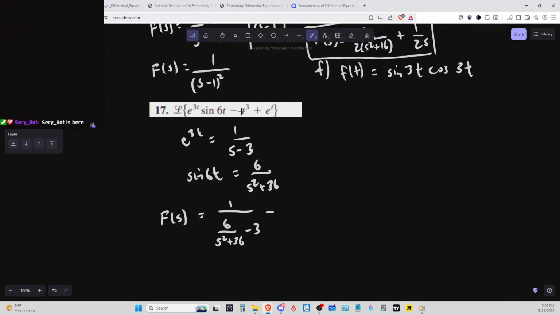So 3 times 2 is 6, so 6 over S plus 2 to the 4th, and then this one will just be left with 1 over S minus 1.